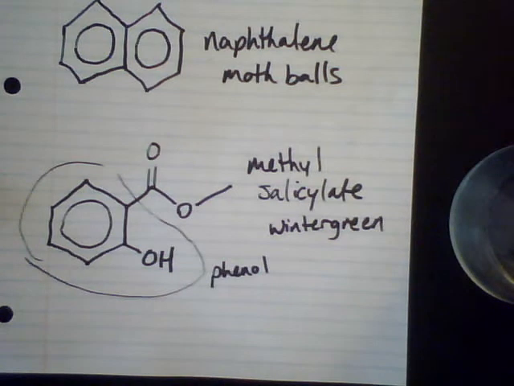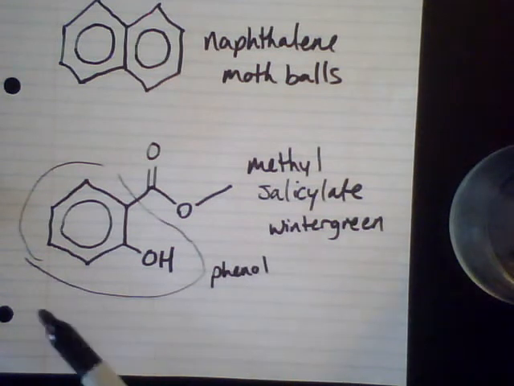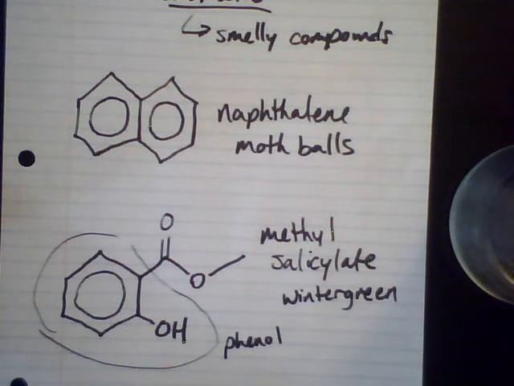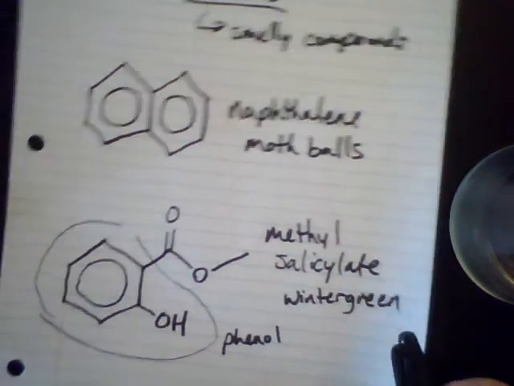Okay, and there are some other characteristics of it, but for now that's what it is. So that's why we say that these compounds are aromatic, because many of them that do contain benzene rings, like these examples here, do have a nice or bad smell to them, one way or the other. Okay, so that's aromatic. Let's get back to phenols then, because that's where we started all of this.